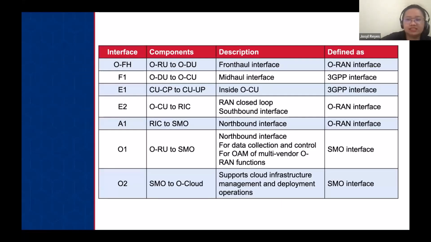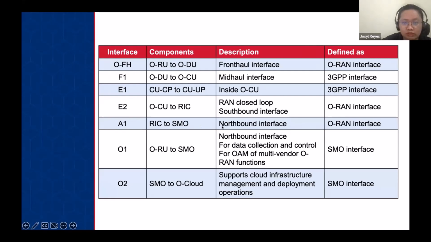Also here you can see the different interfaces and what components they are connected to. They are defined by different organizations, and are also known as ORAN interfaces or 3GPP interfaces. Again, fronthaul is from the RU to the DU. F1 is the midhaul, DU to CU. E1 is just the connection between the 2 planes of the CU. E2 is the southbound interface.